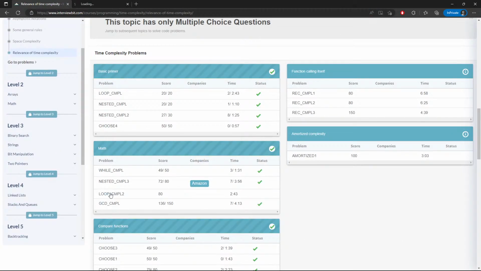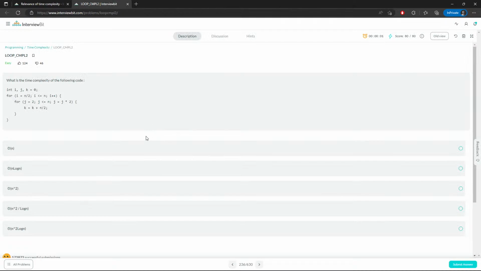Yeah, one more 80 point question. Loop complexity. Oh God, these loop complexities are getting out of hand now. Okay, I equal to n by 2.